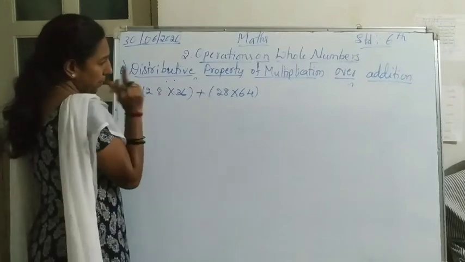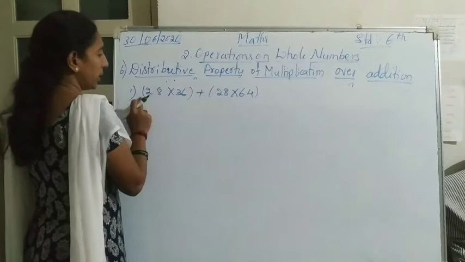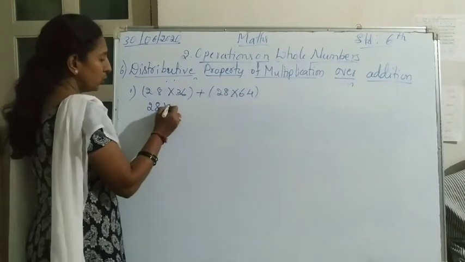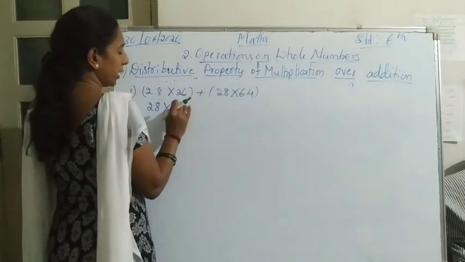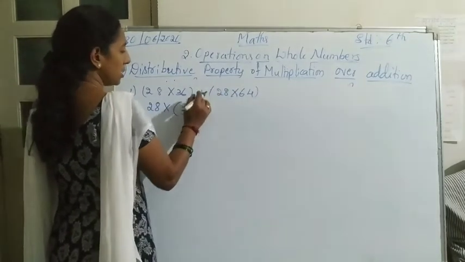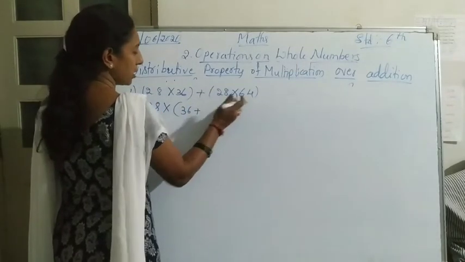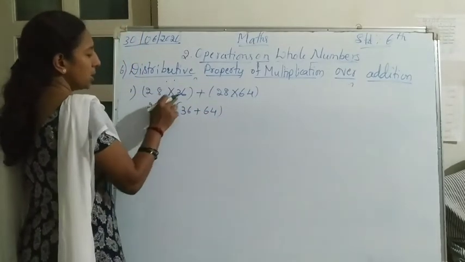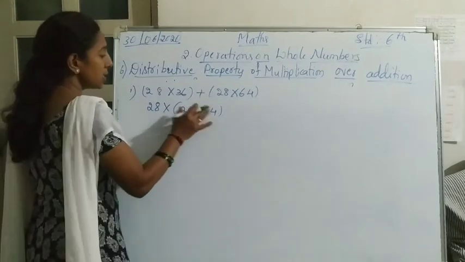So here one number is common, that is 28. Here 36, not 28, 28. So I will take 28 out into. Here plus is there. These two numbers we have to write in the bracket. 36 plus, here 28 I removed. So what is left here? 64. Here 28 I removed, so here 36 left. Understood? So this is how we have to do.